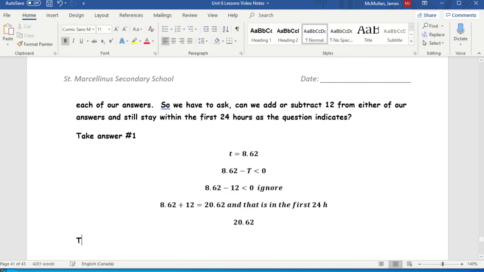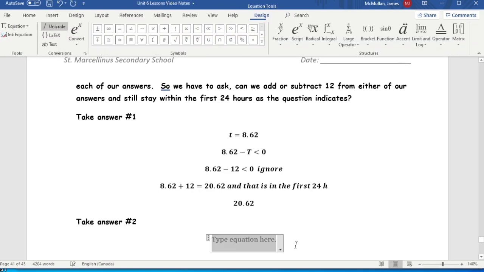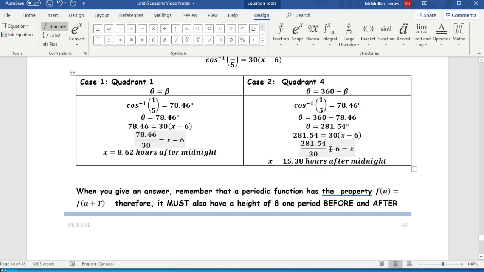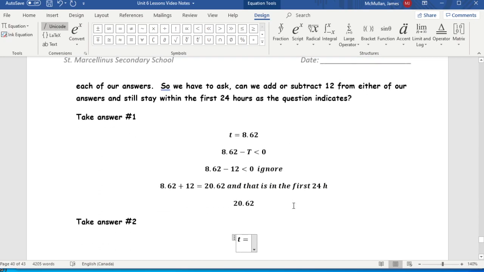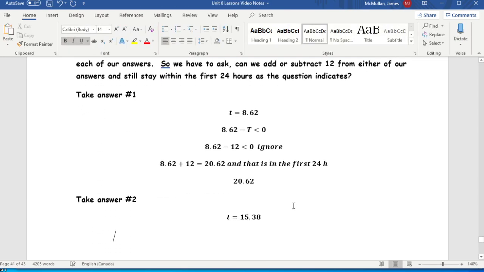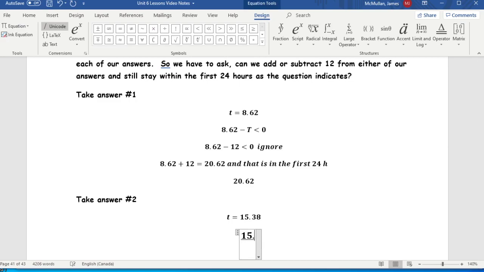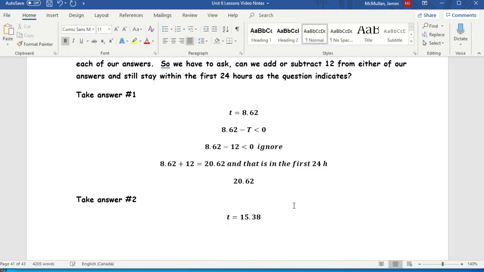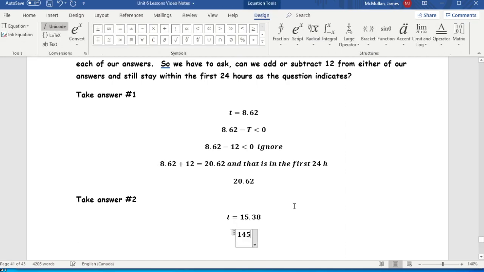Take answer number 2. T in this case was 15.38. Now, obviously, 15.38 plus a period, we're going to be bigger than 24 because 15.38 plus 12 is equal to 27.38, and that's bigger than 24, and therefore we can ignore it as it is outside the first 24 hours.